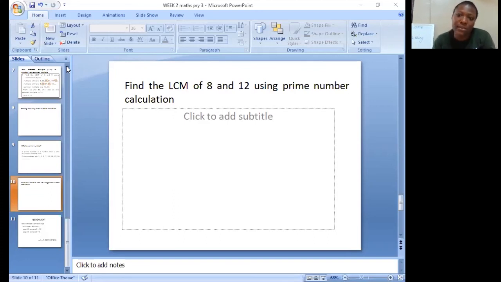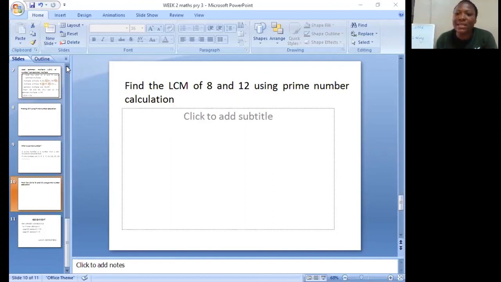That is your LCM. The second method is by drawing a tree using prime numbers. A prime number is a number that is only divisible by 1 and itself. After drawing the tree and putting the numbers in between, use the first prime number to check.